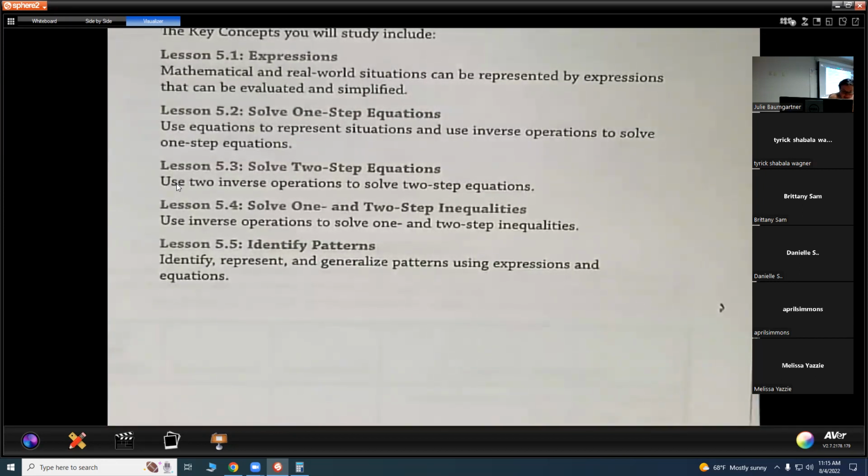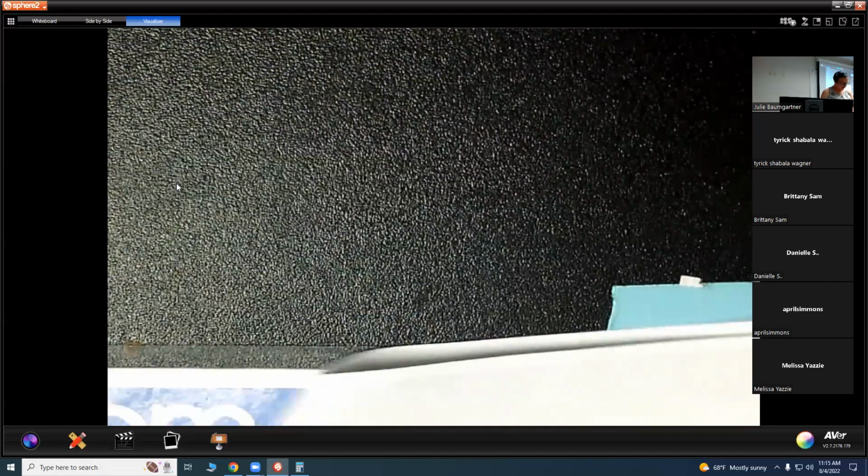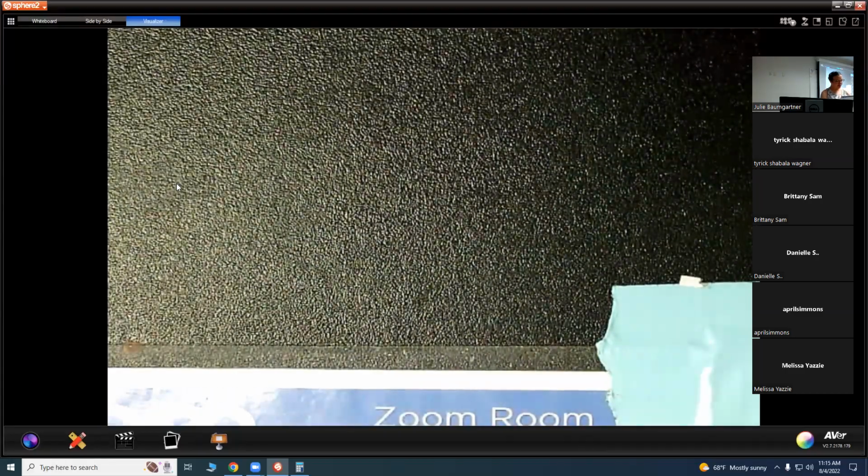And then we're gonna look at this pattern identification stuff. Okay? So this should get us a pretty solid algebra foundation and help everyone remember. Don't worry too much about the goal setting page. Let's just jump ahead.